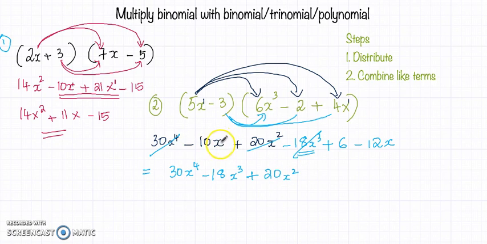And last, there's a first degree and another first degree. So negative 10 and negative 12 need to be combined because they're like terms. So you get negative 22x, so they're both gone. And the last term would be positive 6. So when you write it in the order of decreasing degree 4, 3, 2, 1, 0, you call it standard form. That's how you write your answer.